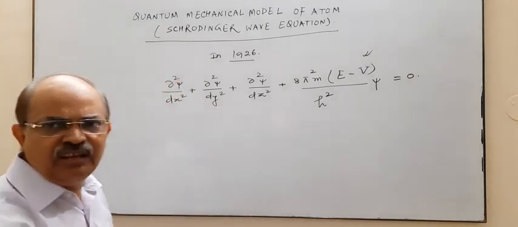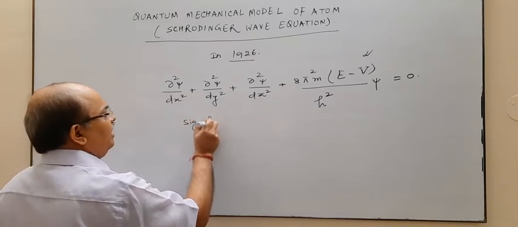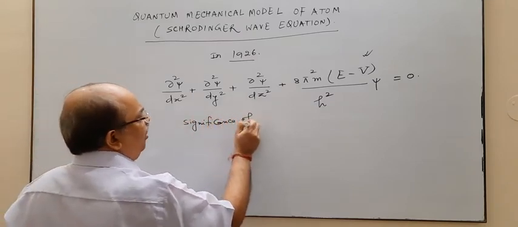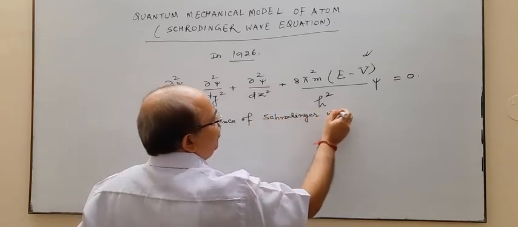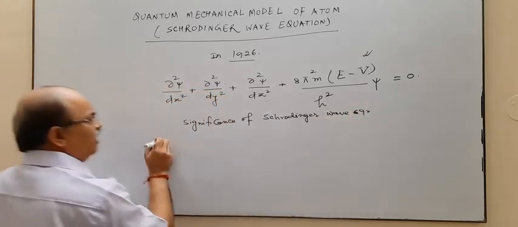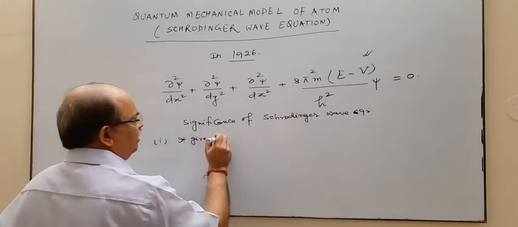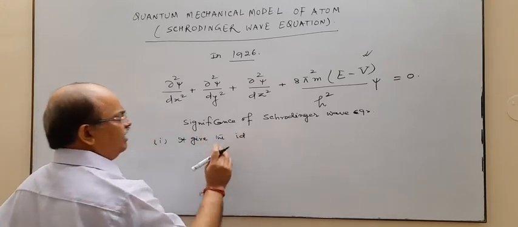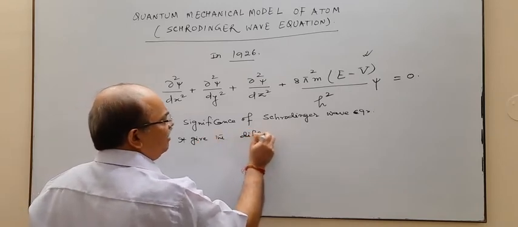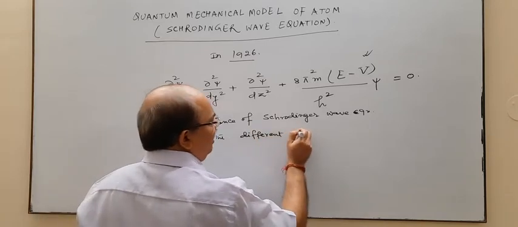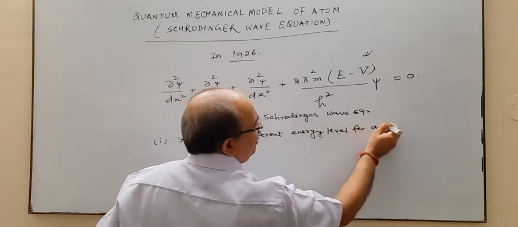So you can say the significance of the Schrodinger wave equation is, number one, it gives the idea of different energy levels for an electron.